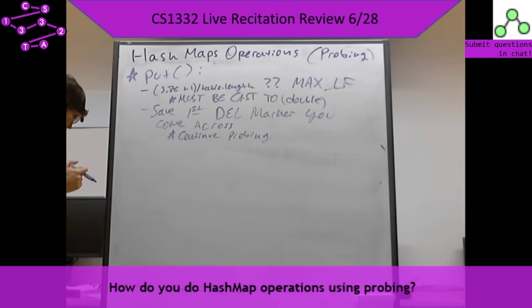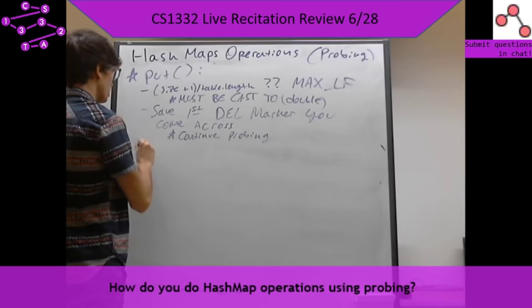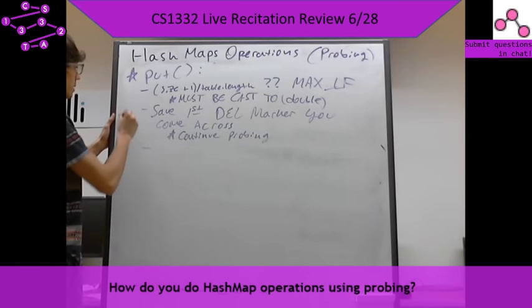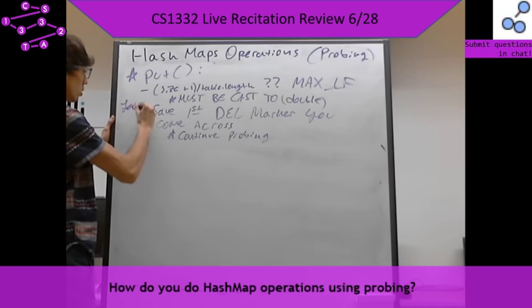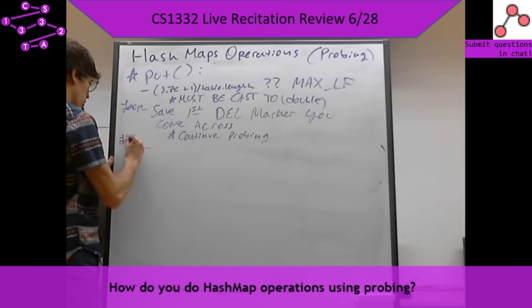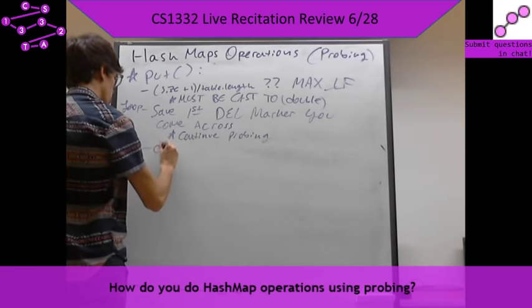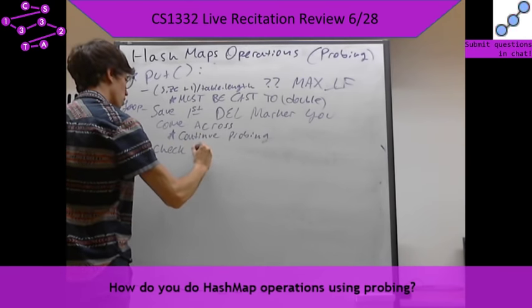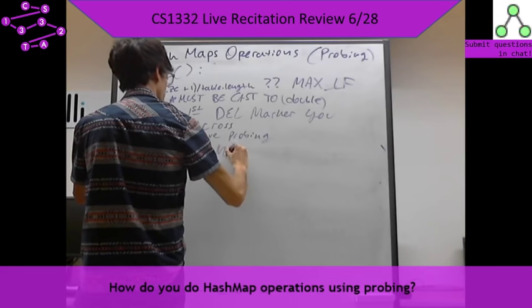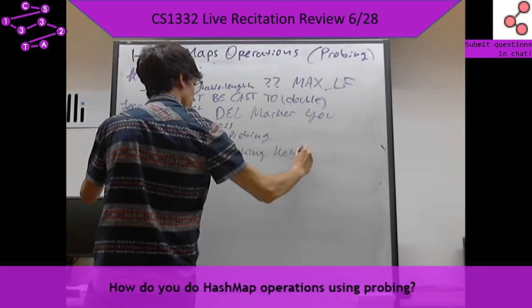The next thing that I want you guys to do is, to be clear, this is in your loop. This will also be in your loop, right? And we're going to check for matching keys.